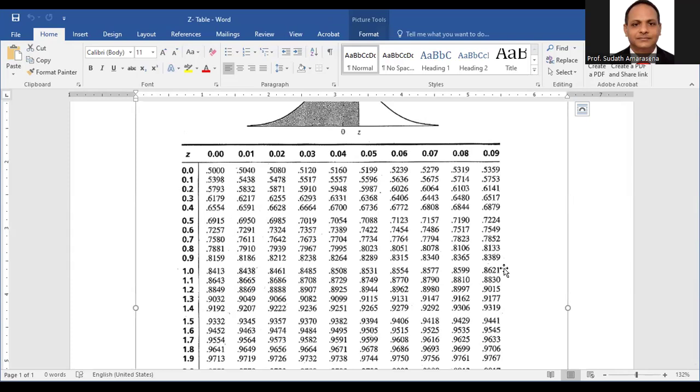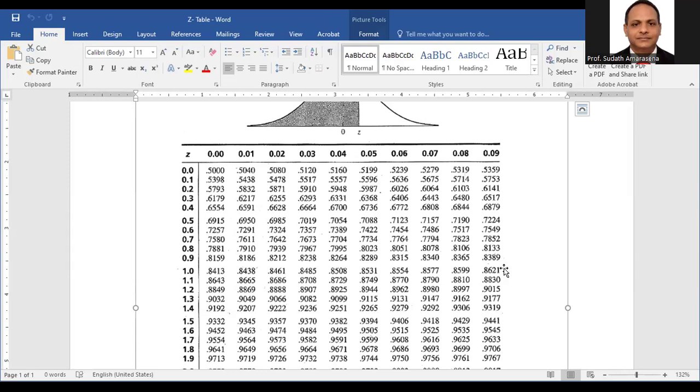Normally, if you are going to use the cumulative Z table, straightforward, you can get the probability value. The probability value is 0.8621. It means 86%.